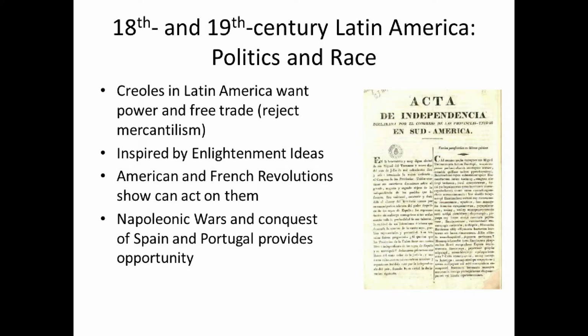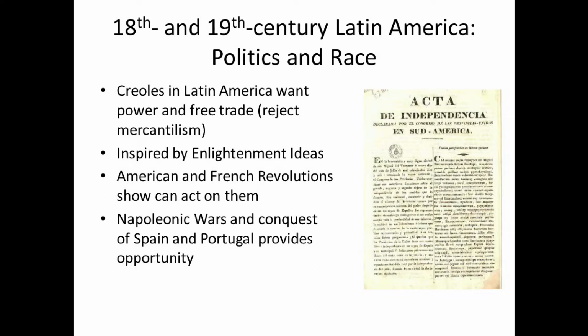Similarly, the French Revolution will also be inspiring. Oh, these French people overthrew their king. We certainly can do that too. And remember, we talked about how the French Revolution will eventually lead to a coup in which Napoleon will take over. And when Napoleon takes over, he goes out and conquers a bunch of countries. And Napoleon conquers Spain and Portugal.